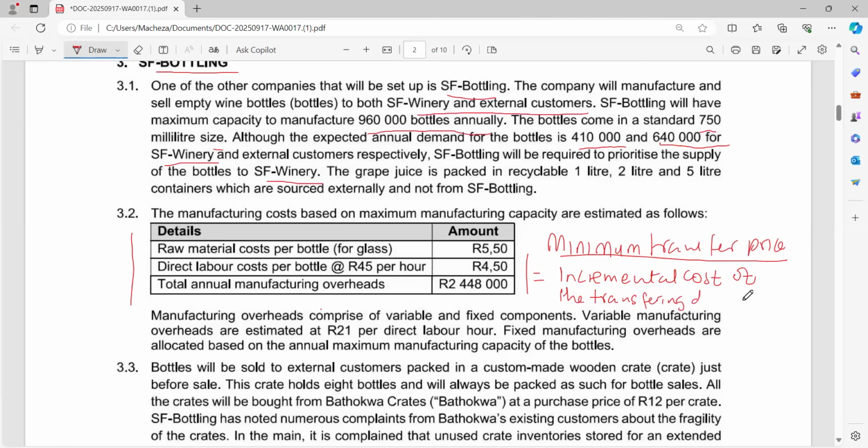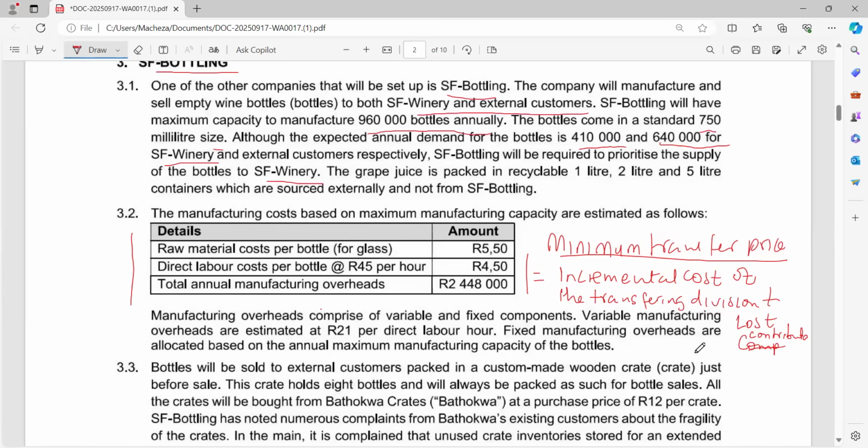Plus lost contribution or opportunity cost. Lost contribution will come from you not supplying the external market.